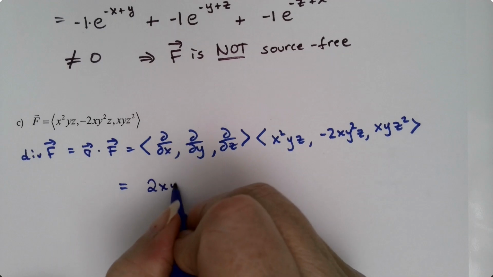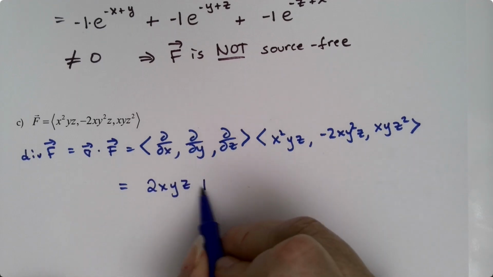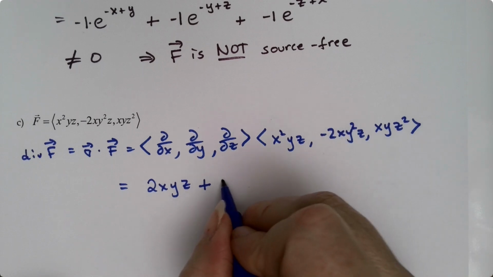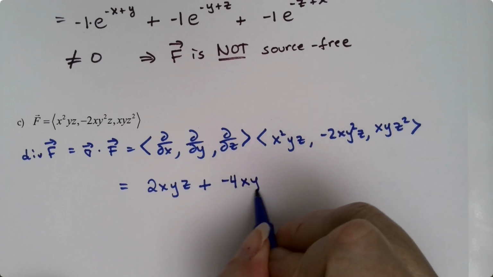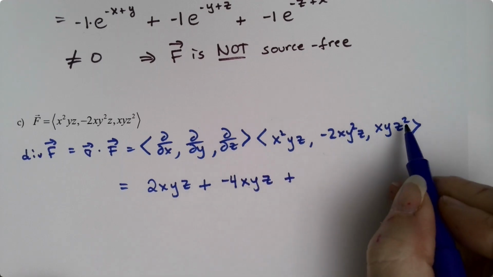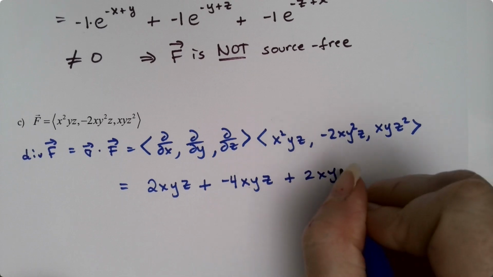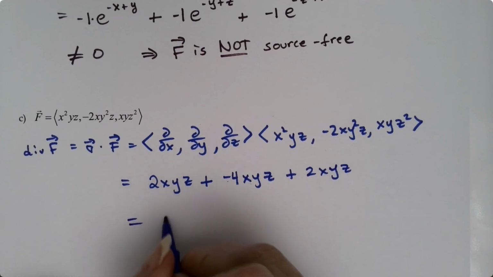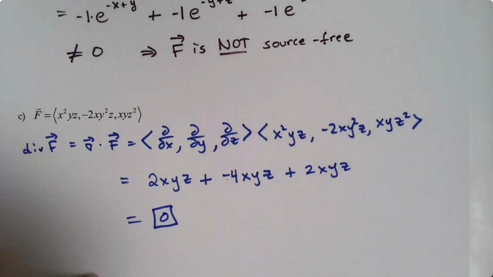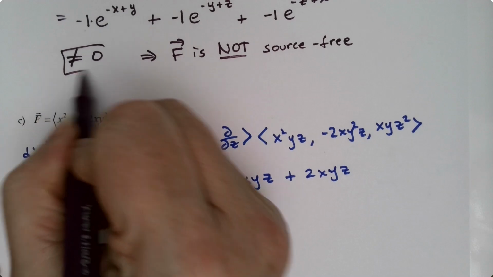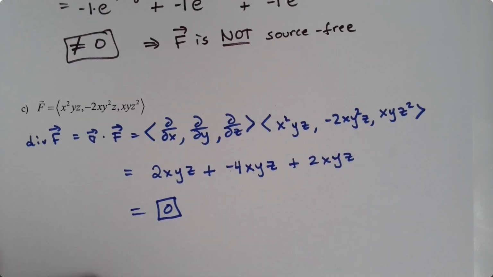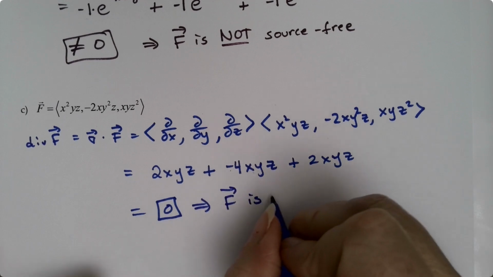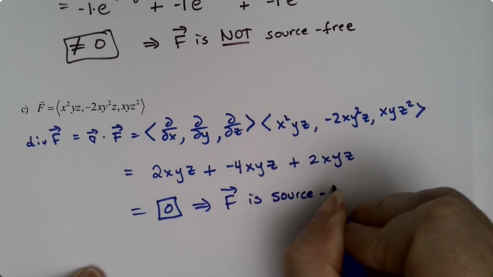So 2xyz plus the derivative of the second piece with respect to y. We would bring that 2 down. So that's negative 4xyz plus 2xyz. And they're all like terms, and 2 minus 4 plus 2 is 0. Therefore, it's 0. Oops, I should have boxed this. This was not 0 right here. Not 0. All right, and therefore, f is a source-free vector field.